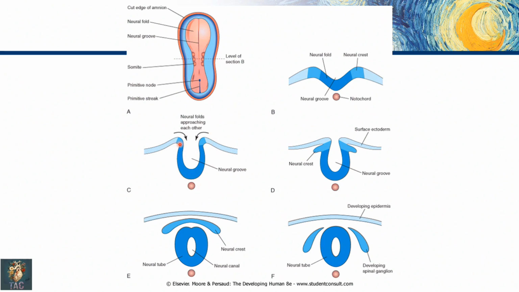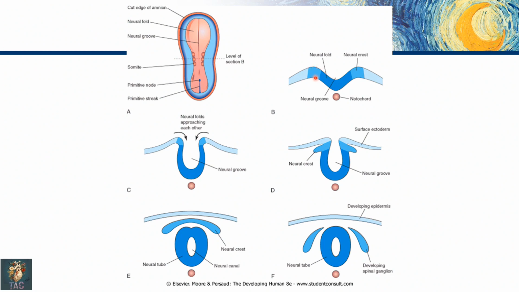So at the edges of the neuroectoderm, the cells which are present over here show epithelial to mesenchymal transition. They dissociate from this neural plate and come to lie on the sides of the neural plate, and they form the neural crest cells.